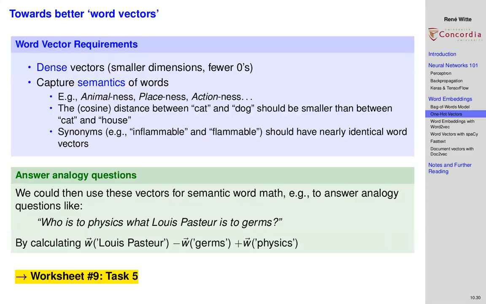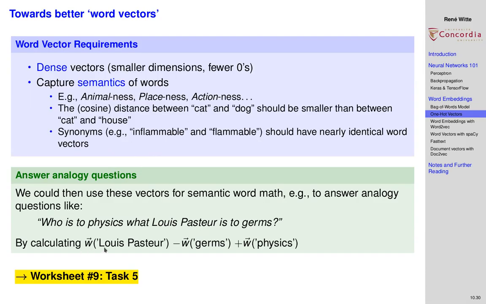And now, if we have a representation like this, then we can use these word vectors to answer the type of analogy questions that we started out with today. If you have a question like who is to physics what Louis Pasteur is to germs, then we can represent these word vectors using these semantic vectors.